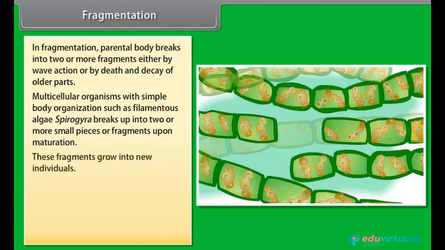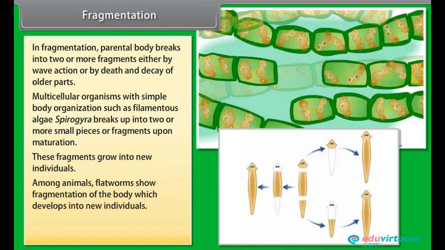These fragments grow into new individuals. Among animals, flatworms show fragmentation of the body which develops into new individuals. Fragmentation is found in algae such as Spirogyra.